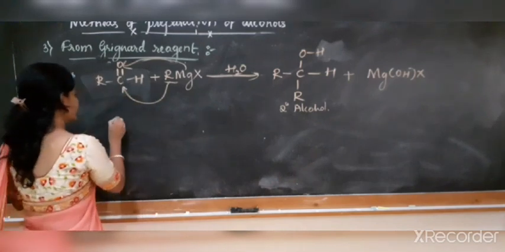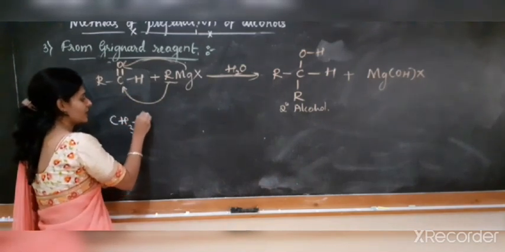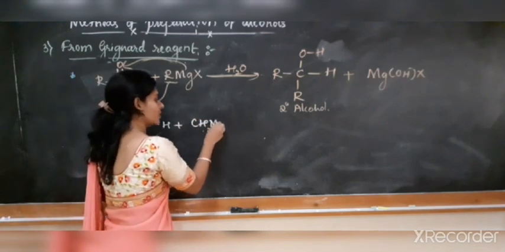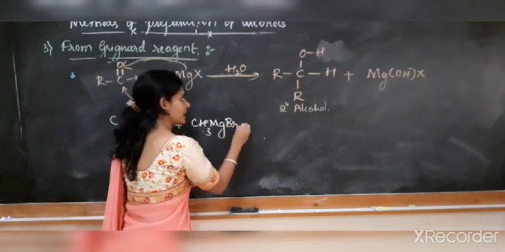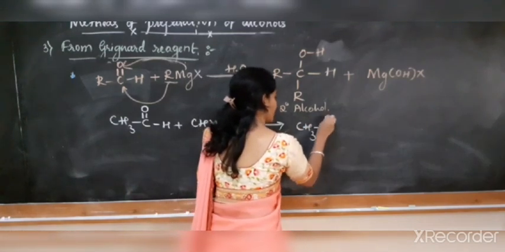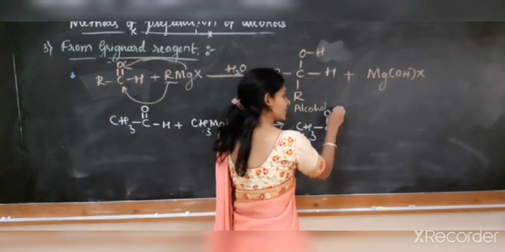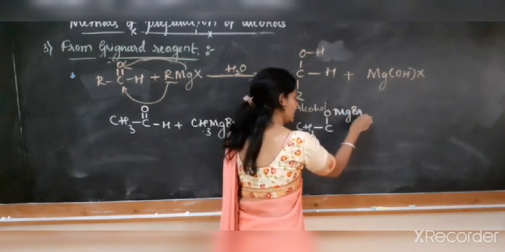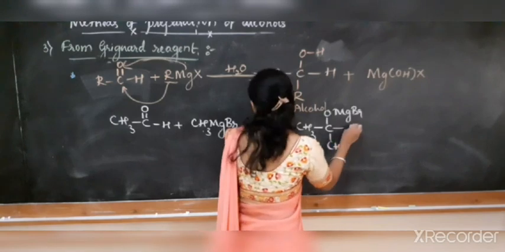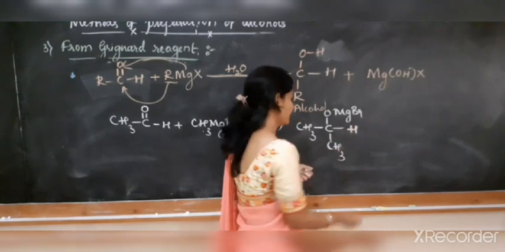If I write an example for this, if I take CH3 in place of R, this on reaction with methyl magnesium bromide or ethyl magnesium bromide, there is a formation of, see what we get? Oxygen is connected to the magnesium bromide, then CH3 goes and attacks the carbonyl carbon, and hydrogen is left.